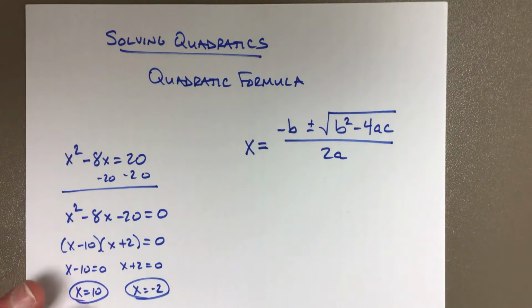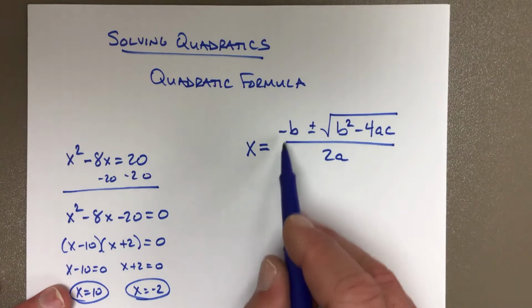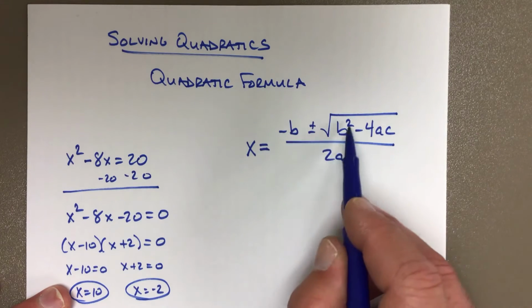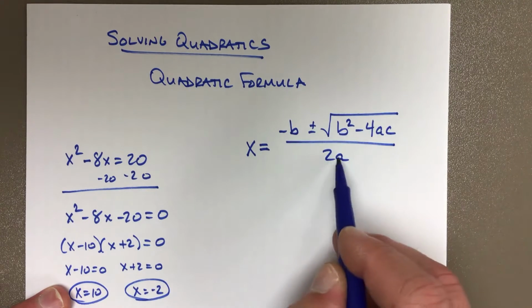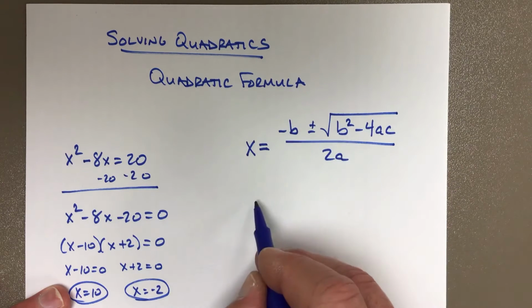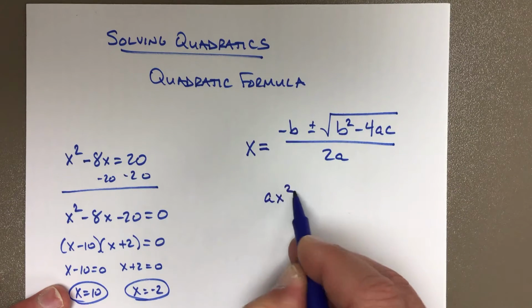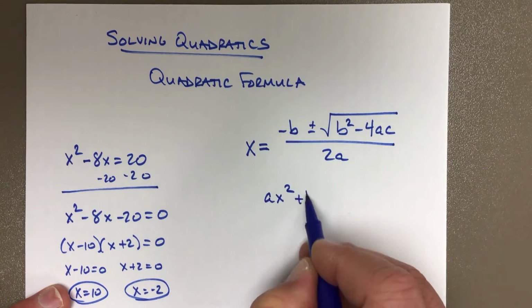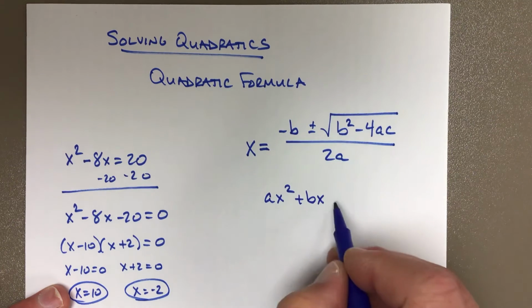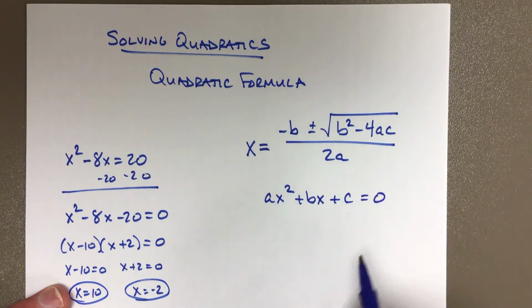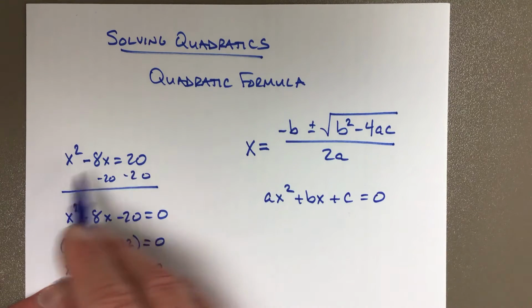I'm not a singer, so I'm not going to sing it for you. So the opposite of b plus or minus the square root of b squared minus 4ac all over 2a. Who are a, b, and c? Remember that a is attached to the x squared, b is attached to the x, and c is the constant. You have to identify this.